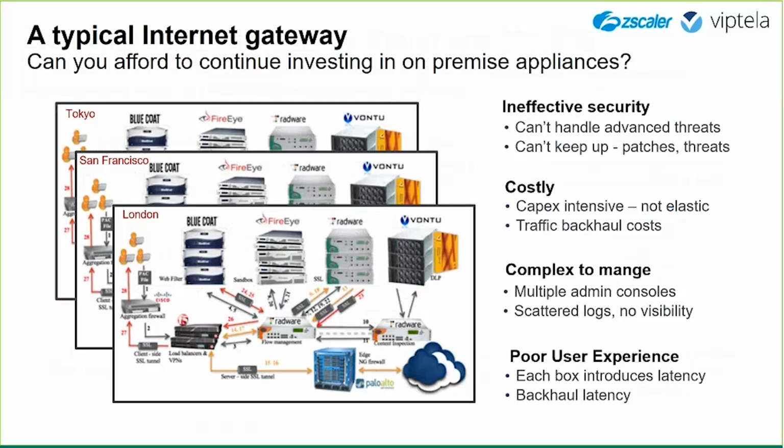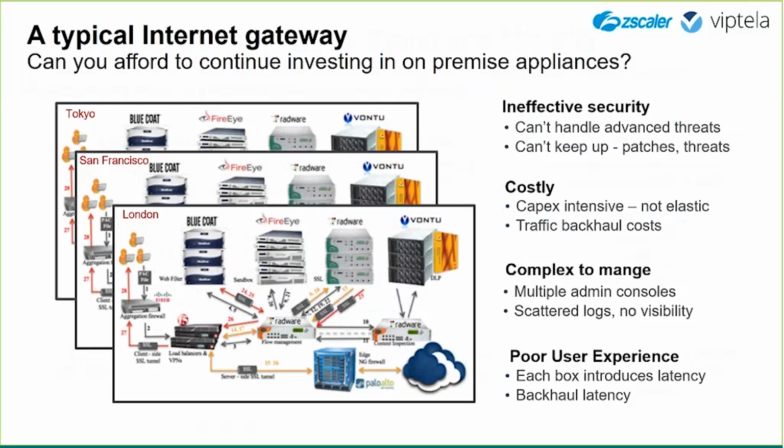Everything from a secure web gateway to a sandbox to a DLP system, an SSL inspection device, a next generation firewall, load balancers, etc. This is a real drawing from a customer, a Fortune 100 bank, and they counted 28 hops going out and then back into their network through their internet egress point.